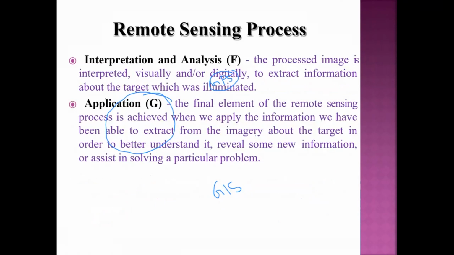On the basis of that image we can interpret that this type of cultivation is going on there: rice, paddy, tea, whatever. Then we can analyze that as a scientist, and then we can apply those data in different fields. So these are the basic steps of remote sensing.